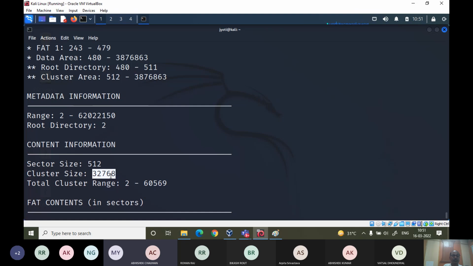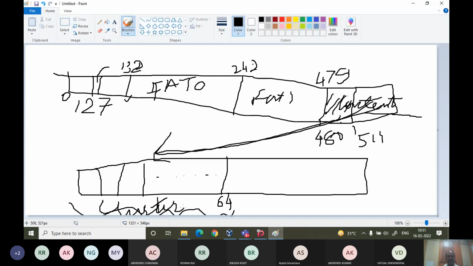Yes, sir. अब रहा क्वेश्चन कि किस फाइल को कौन सा क्लस्टर दिया है. So clusters can also be numbered in the same way. Now you can say, sir, this can be cluster number 0. But in fact, you will be surprised to know that the first cluster is basically numbered as 2.